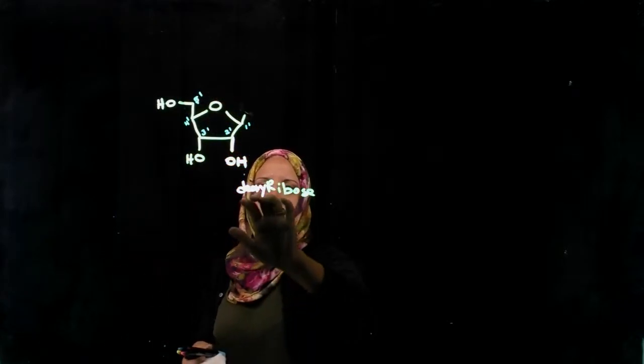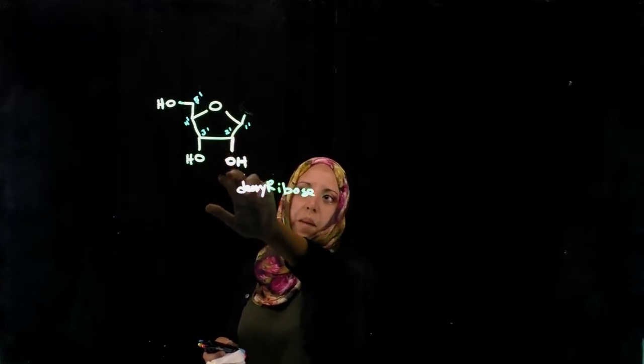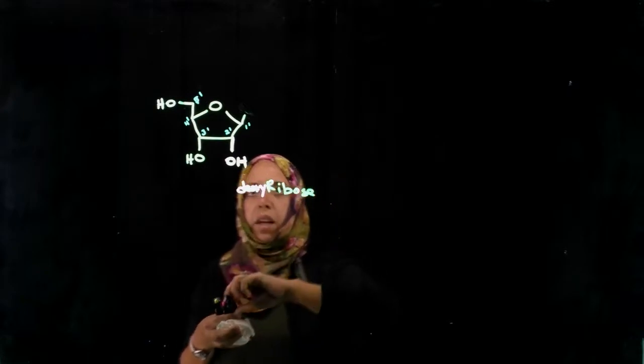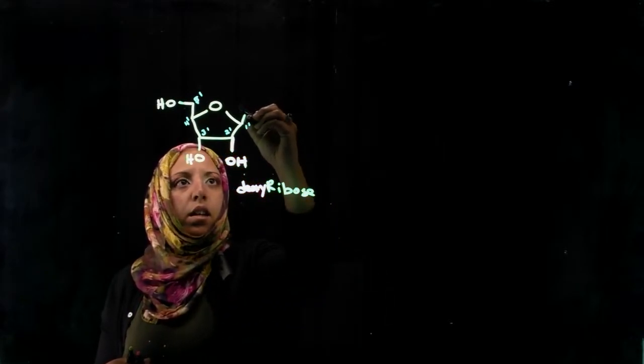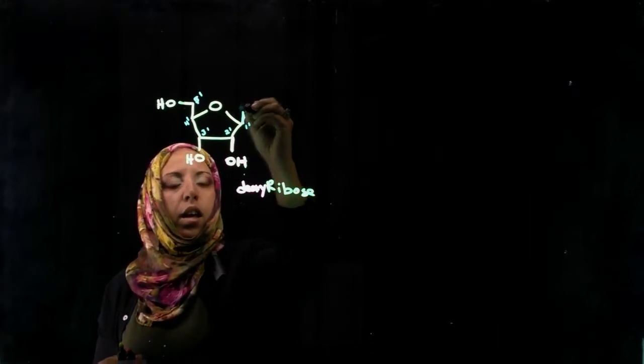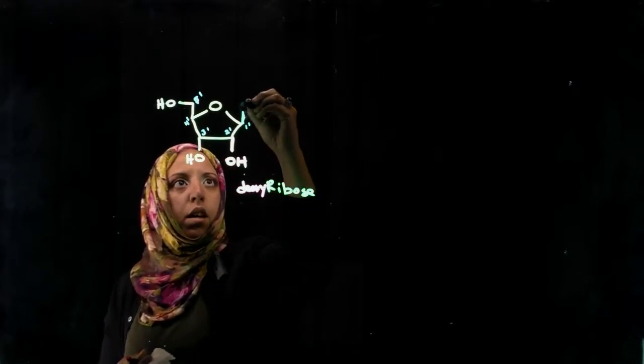In the deoxyribose, the deoxy lacks the 2' alcohol group. They're linked to a nitrogenous base at the 1' carbon.